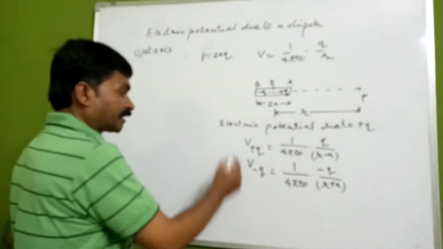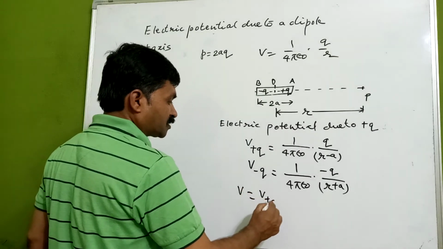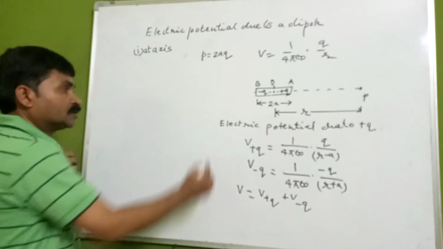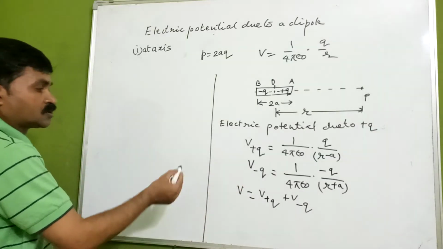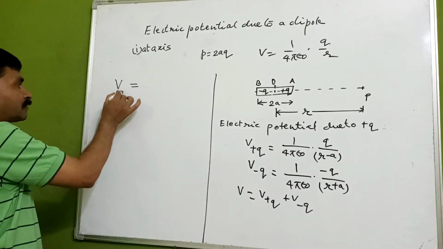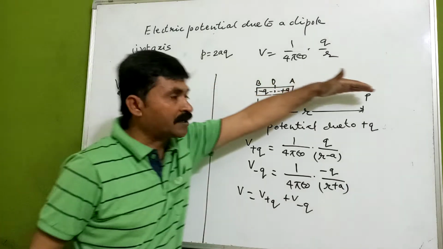The electric potentials because of these two are V plus q and V minus q. The total electric potential because of the dipole we call V axial, because we are determining it on the axis.